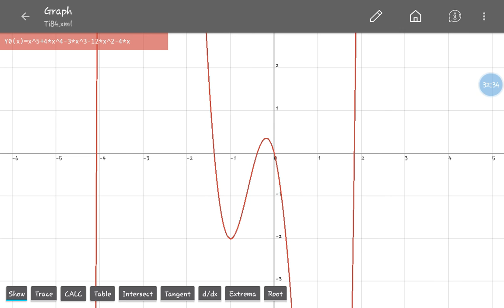Look, I have 1, 2, 3, 4, 5 intersections. So how many real zeros will the graph of g show? 5. So by the fundamental theorem of algebra, there will be 5 roots, right? And then we actually find all 5 of them from the graph. So, that's it. We're going to have 5 real zeros this time.